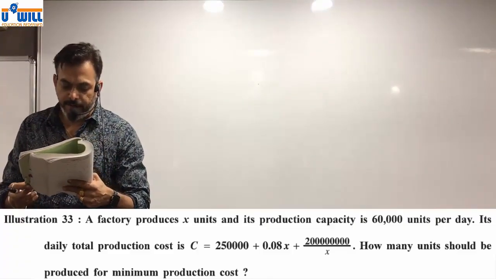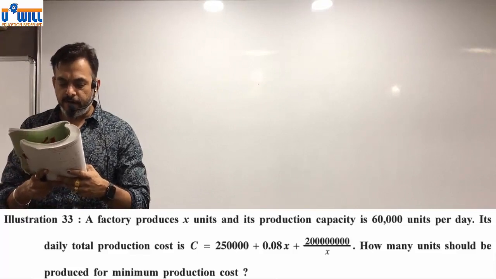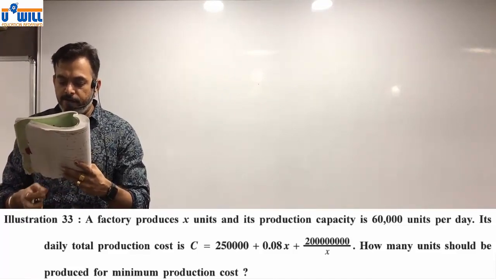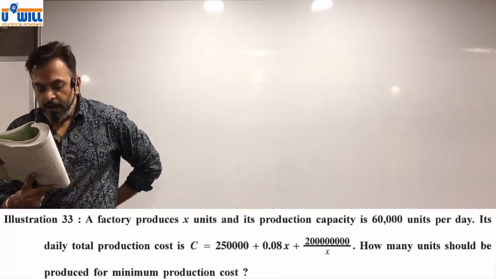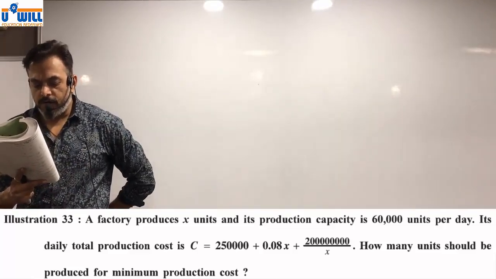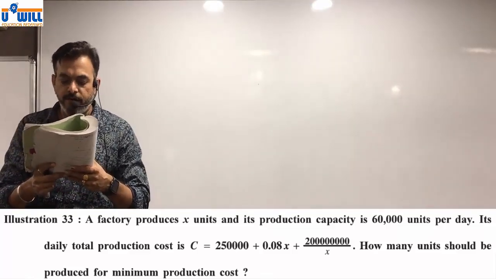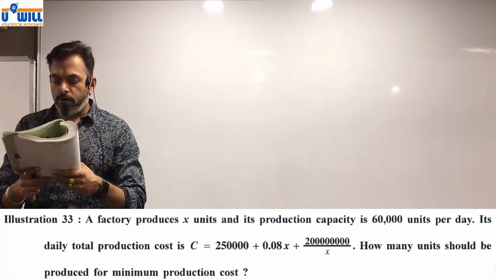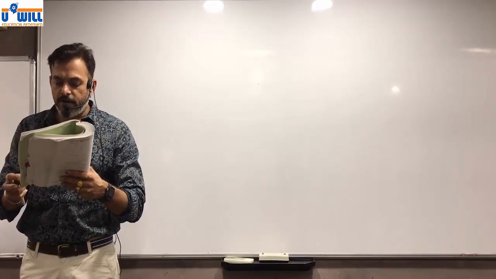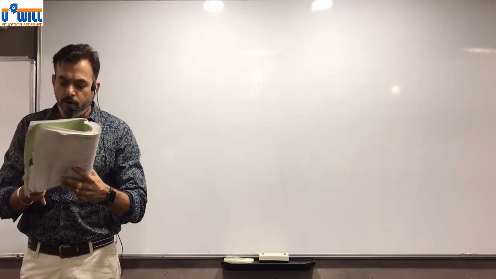Illustration 33, page 191. A factory produces X units and its production capacity is 60,000 units per day. Its total production cost is C is equal to 2,50,000 plus 0.08x plus 20 crore upon X. How many units should be produced for minimum production cost?